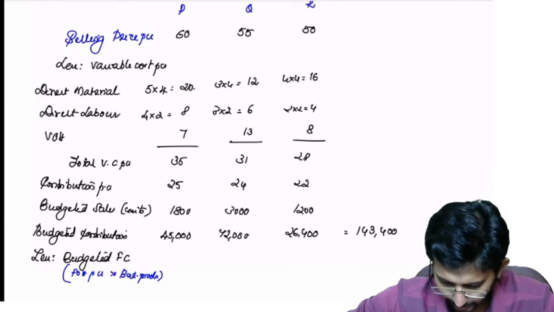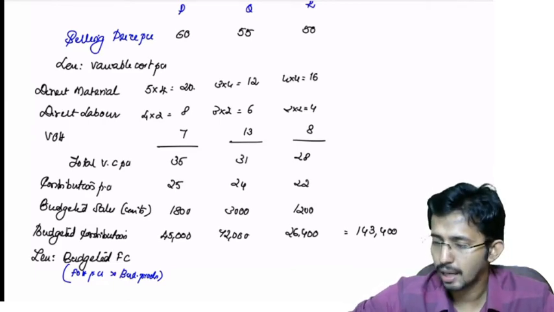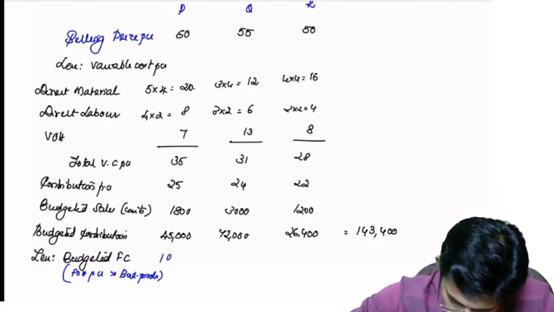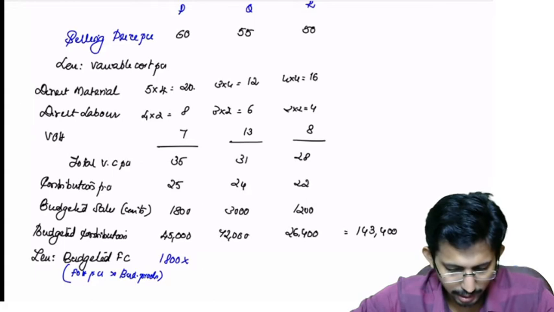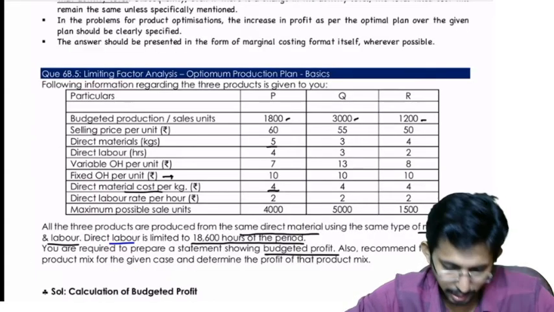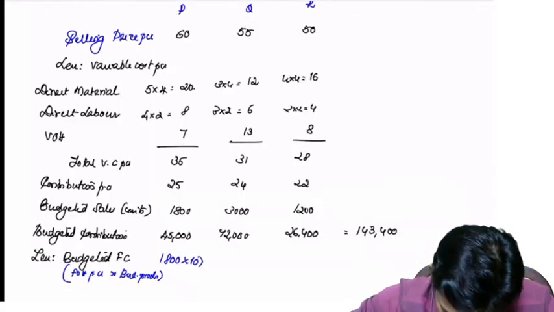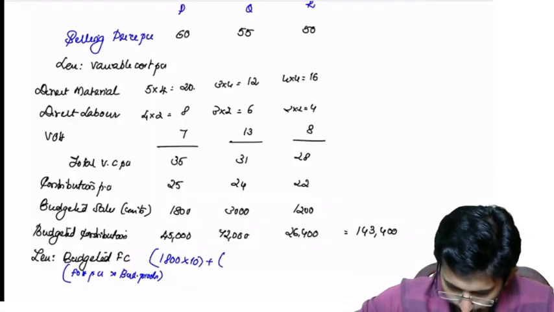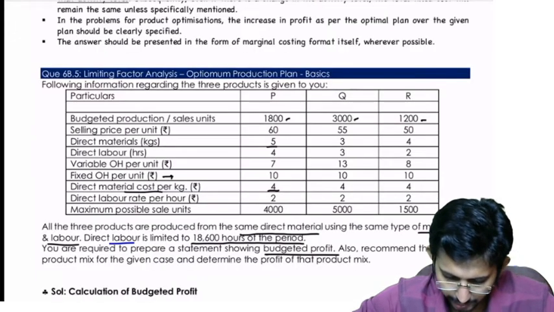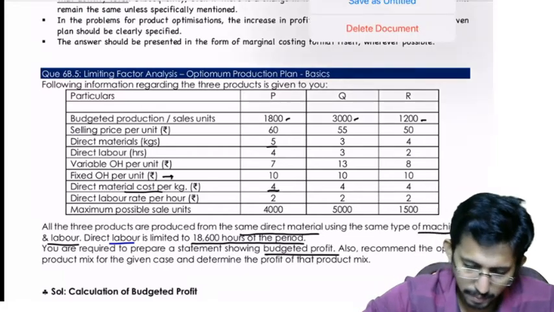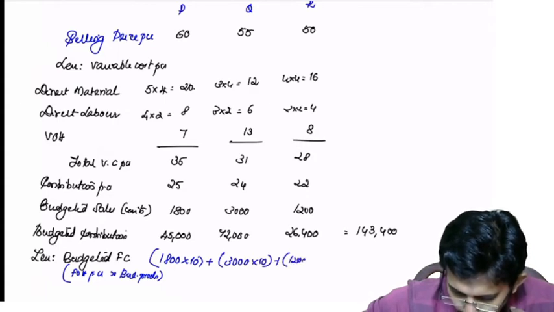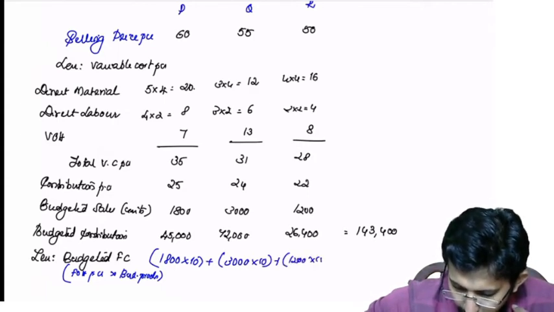And how do you get this? You get this as budgeted production is 1,800, and the budgeted FOH here is rupees 10 per unit, plus here it is 3,000 into 10, plus 1,200 into 10.